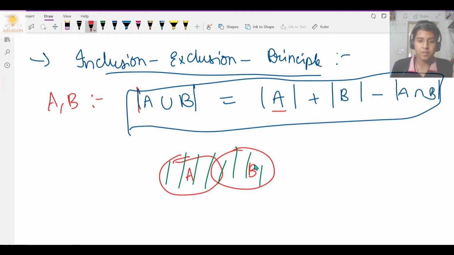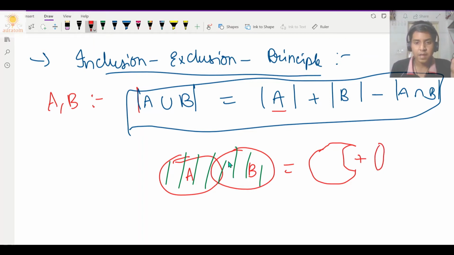Okay, so this will be equal to this part of A, this part right over here, and this part, plus this part which is from B, right?